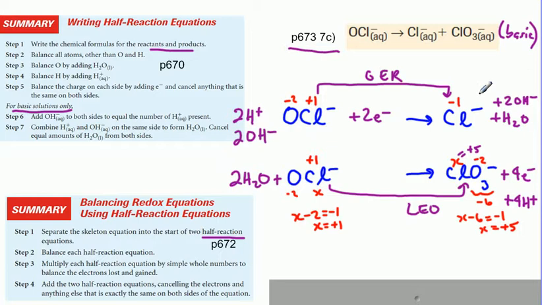Okay, and so over here we've created 2 waters. So we'll cross these out and we'll write 2 waters. But there's already a water here, so I'll switch pen colors, we'll cross out this water, and that makes there be just 1 water on the left.